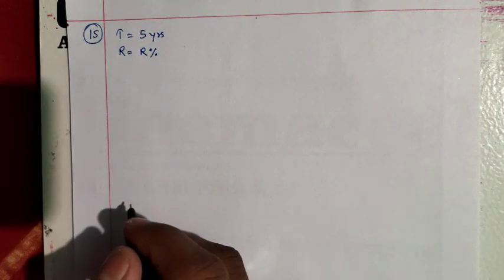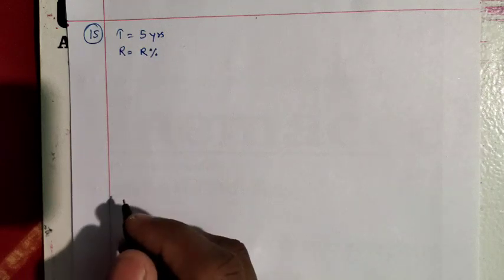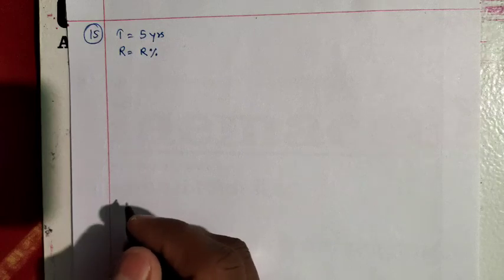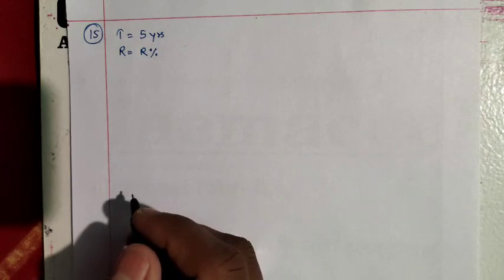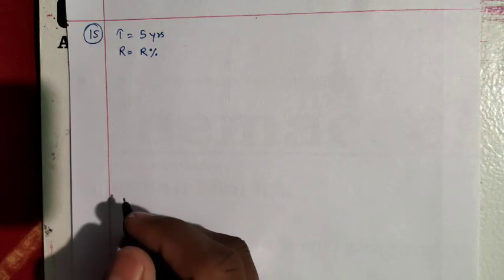If the interest earned is 1/4 of the money lent, it means as much money was lent, the interest will be 1/4 of that money. It means whatever principal is there, the interest will be 1/4 of that principal.